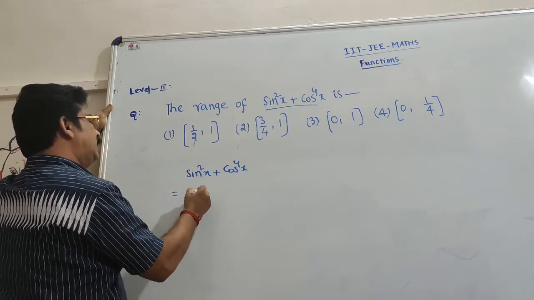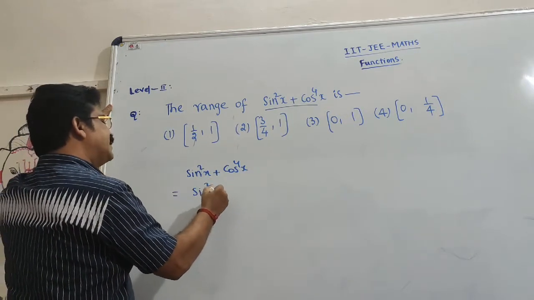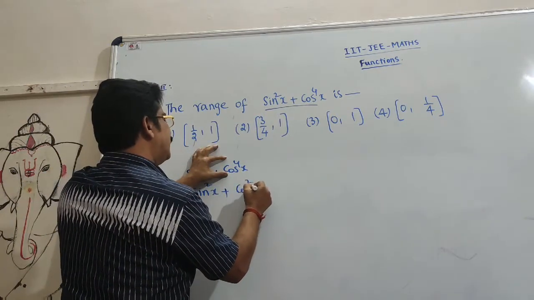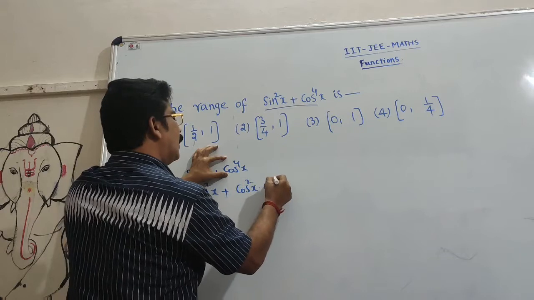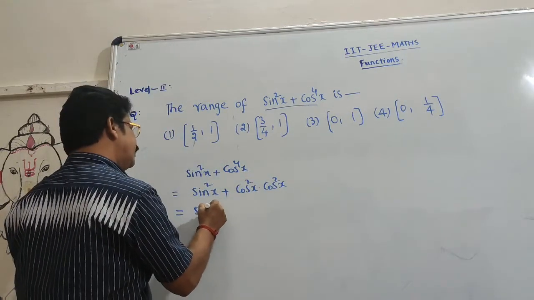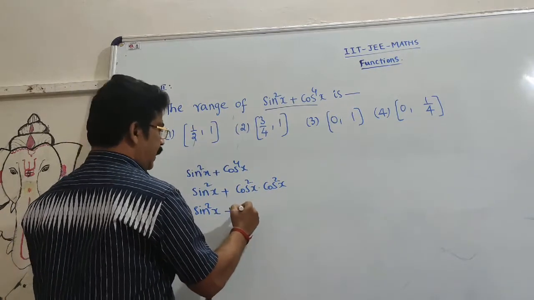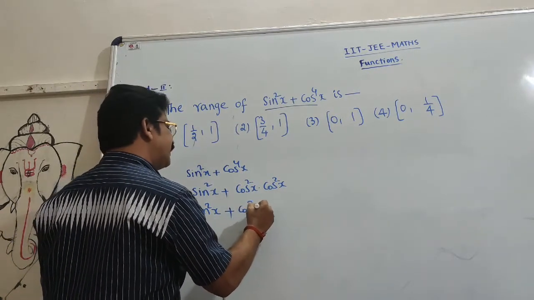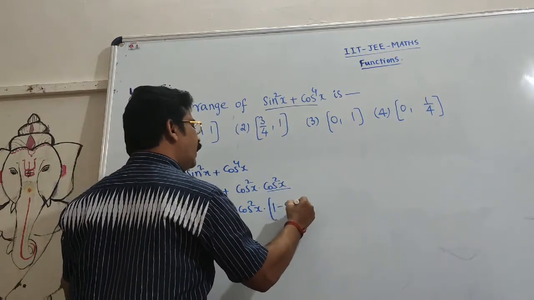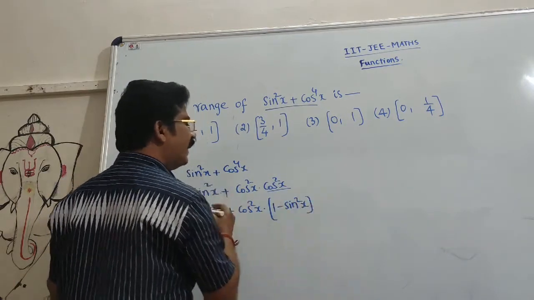So that is equal to sin square x plus cos to the power of 4x, which means cos square x into cos square x. So that is equal to sin square x plus, keep it up, cos square x same. Next, this cos square x equal to 1 minus sin square x.